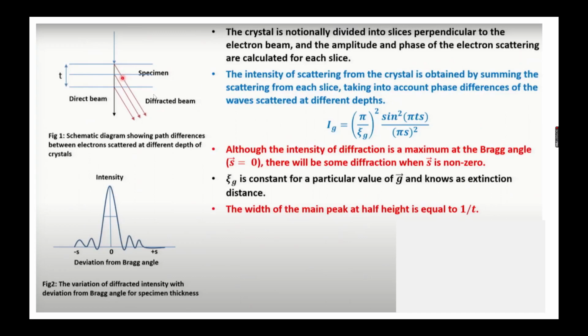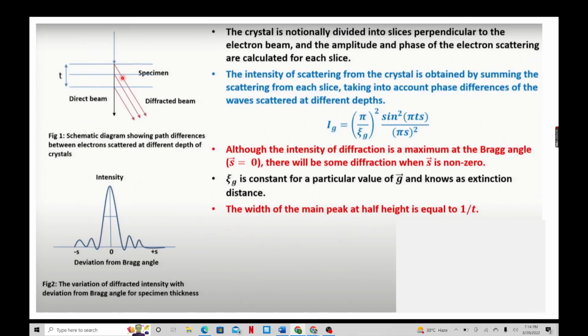The intensity is related to this equation, where T is the thickness, and it is a function of this parameter. Here you can see the intensity plot, the variation of the diffracted intensity with the deviation from the Bragg angle for the specimen thickness.